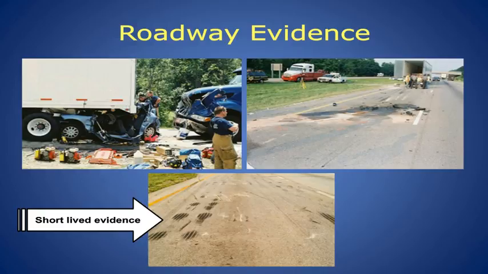Naturally, days down the road, the only thing you're going to see is maybe a trace of the fluid on the roadway. Your tire marks essentially are oil that's been raised to the surface of the road from the friction of the tires. So where does that oil go after so long a period of time? It goes back down into the roadway surface. So unless we document that evidence, it's going to be gone by the time we get there.